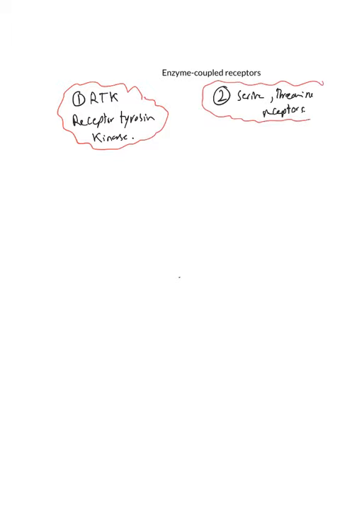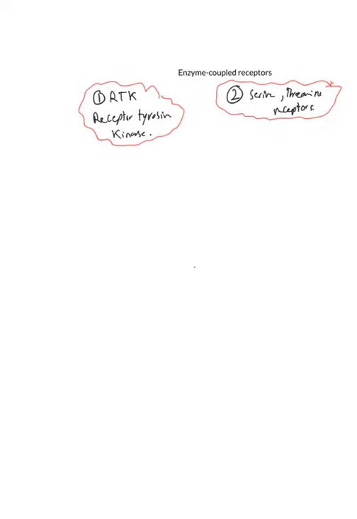Okay, the RTK is basically receptor tyrosine kinase. Both of these follow a similar pathway, but there are some differences. At the molecular level, they have different molecules and different second messengers.